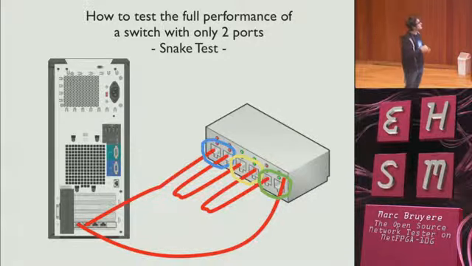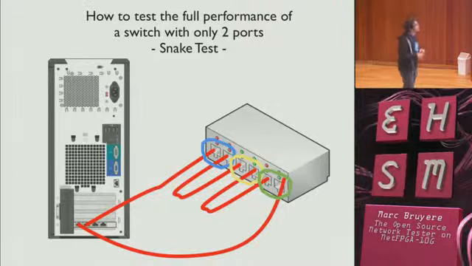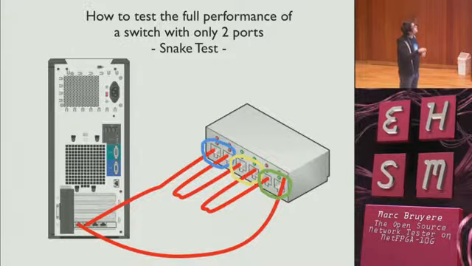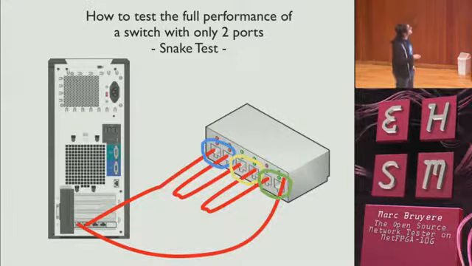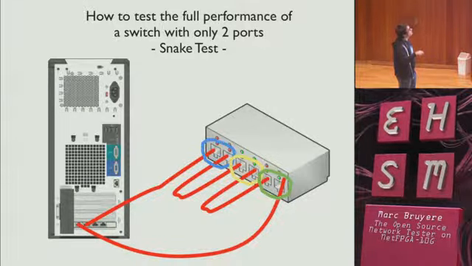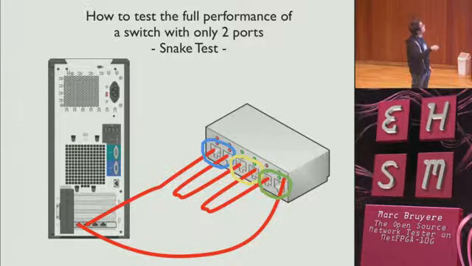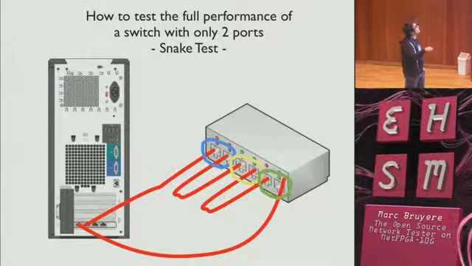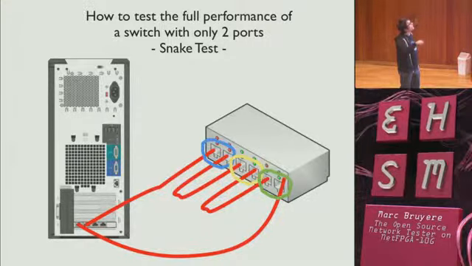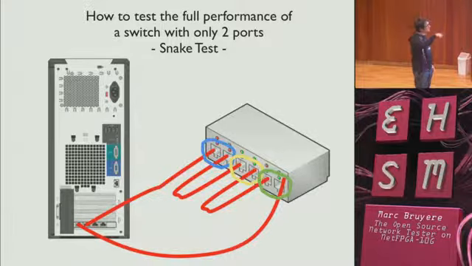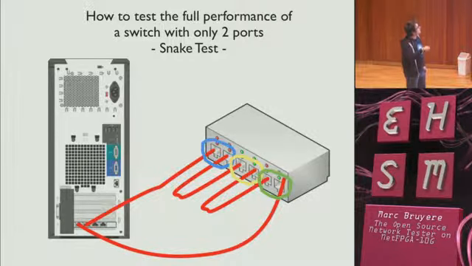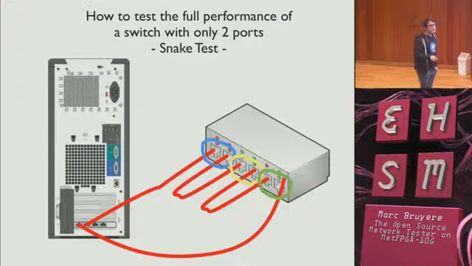What we can do with OSNT or other tools, if you just want to test the performance of all the ports, is use the snake test. For the snake test, you configure 2 ports in the same VLAN, and then you generate layer 2 traffic with one MAC address, the same one, and it will go through the different ports one by one, getting in and out along the cabling you place to test the 48 10 gig ports.